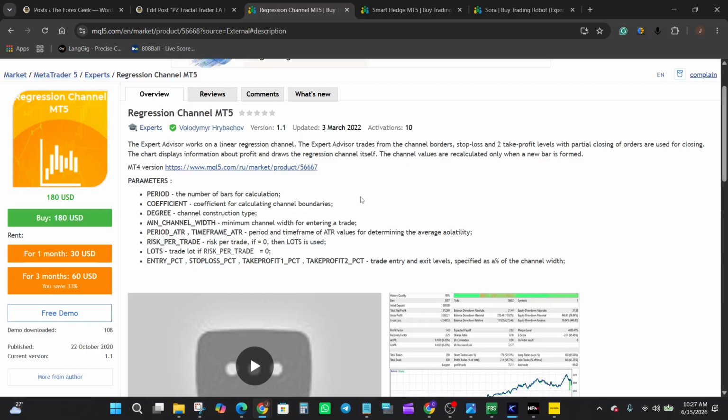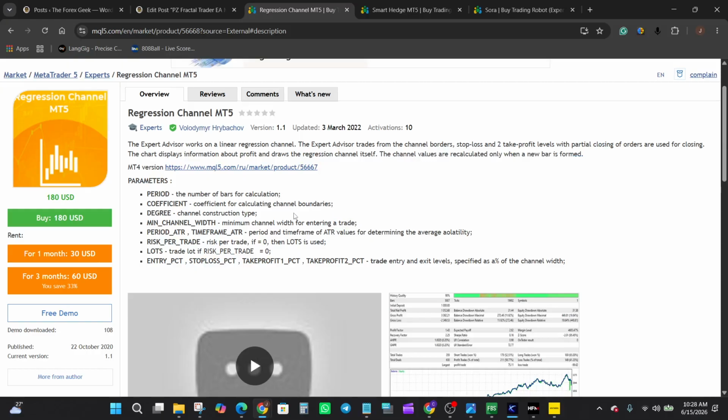Now, the chart also displays profit information directly on screen and draws the regression channel itself, making it easier to visually monitor how the EA is interacting with the market. Another detail worth noting is that the channel values are only recalculated when a new bar forms, which helps explain how the channel structure remains stable throughout each candle.